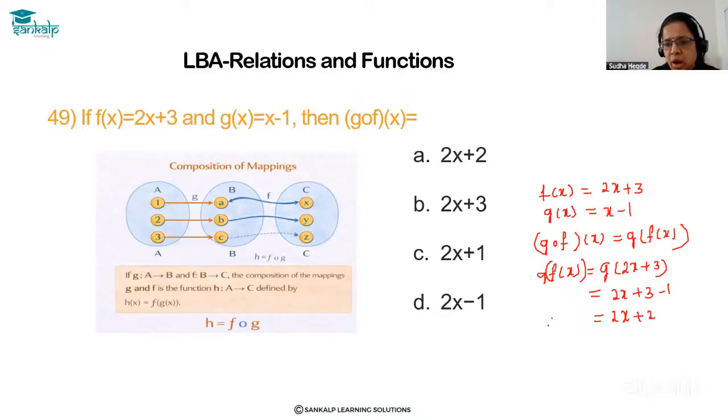So, G composition f of x is equal to 2x plus 2. Correct? So, check the options. Option A is the correct answer again. It is 2x plus 2.